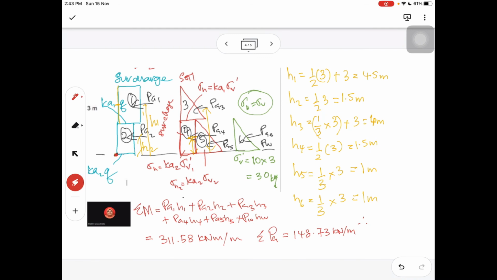So to know that line of action for our PA, the lateral earth thrust, the H where the lateral earth thrust acts will be equal to summation of the moment divided by summation of the PA. So we will get H equals 2.1 meter.